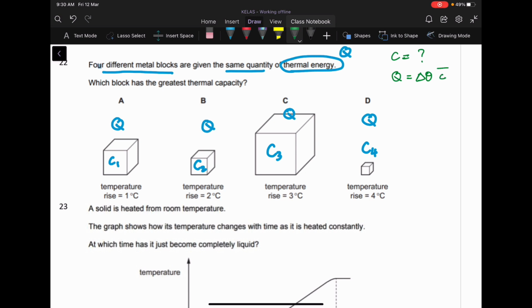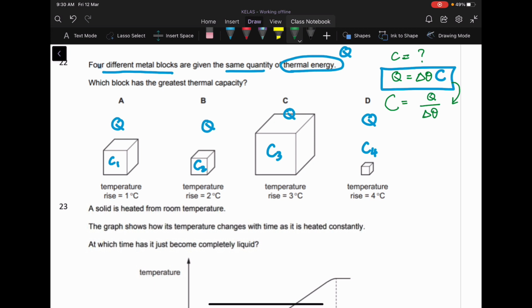I use capital C because this is thermal capacity, not specific heat capacity. Therefore, C equals Q over change of theta. I just rearranged this one. I draw the C bigger.